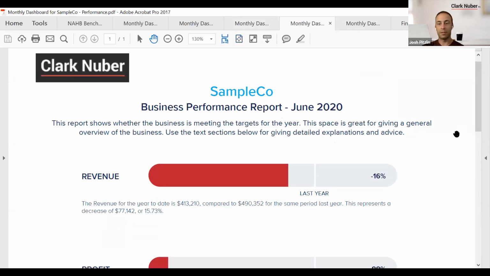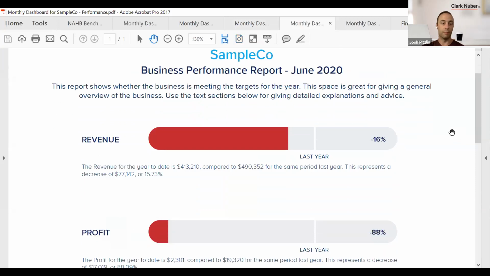Here's another type that we can churn out called a business performance report.